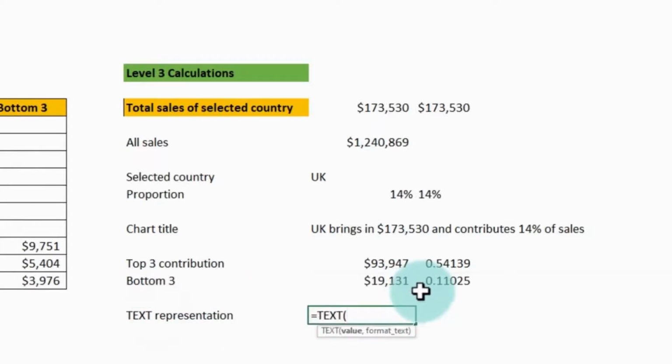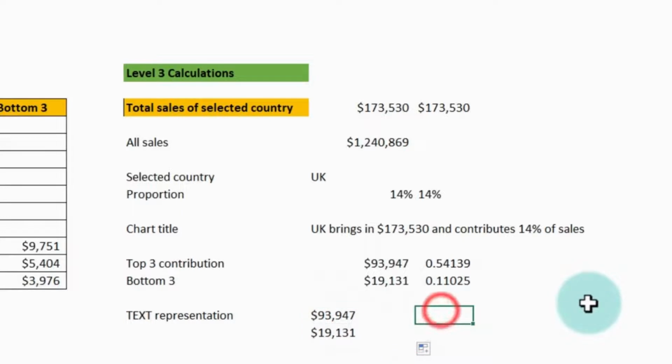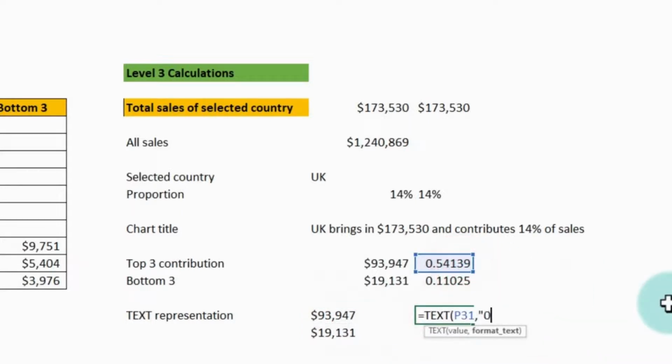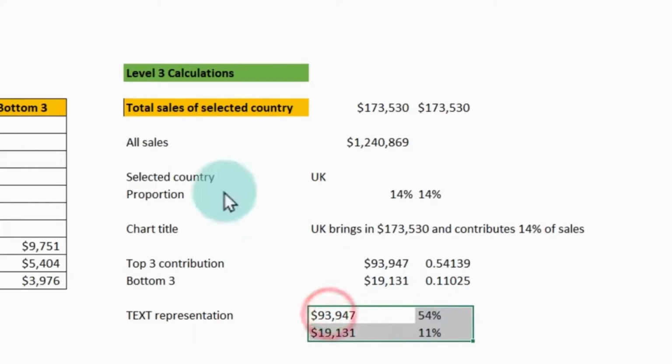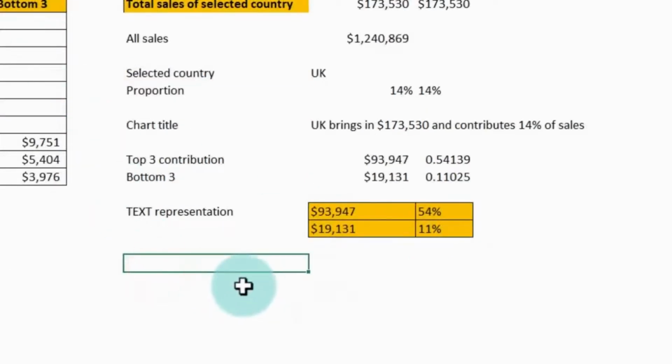So we will get to the percentage values, and then we will convert the text representation. So text of this value in the $###. And then when you drag this down, we'll get the same for that. Likewise, text of this as 0%, and for the next one also. So these are the values that we will be using in our narrative part.